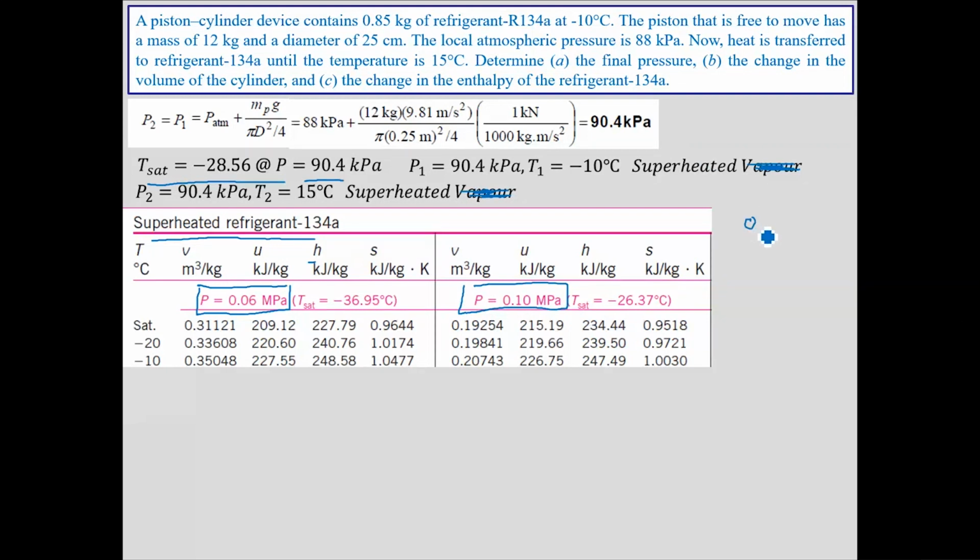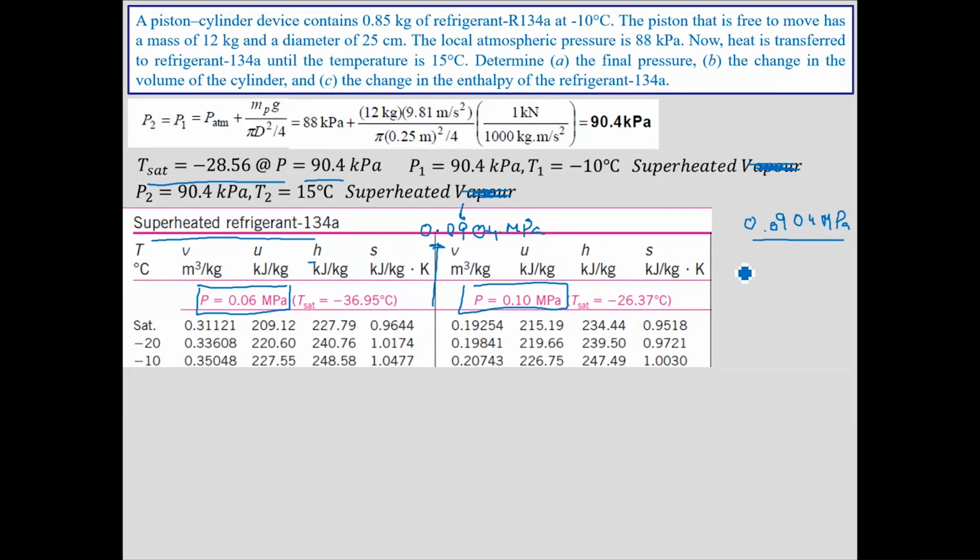Your pressure is 0.09 megapascal, which comes somewhere in between 0.1 and 0.06 megapascal. The table for 0.09 is not given, so you will have to find the interpolated values for this pressure.